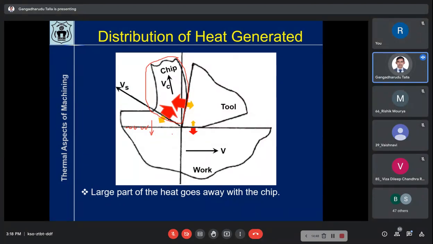After the chip, the second thing is that it is better that the heat goes to the tool than the workpiece. Ultimately, we want to protect the workpiece.